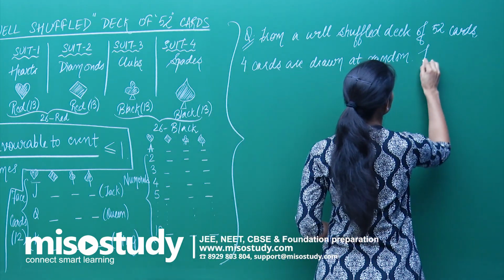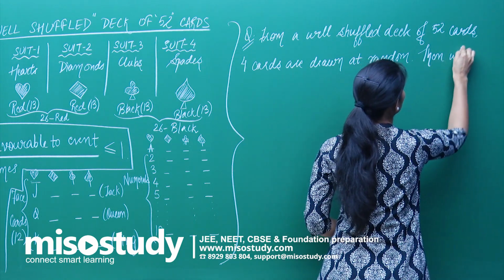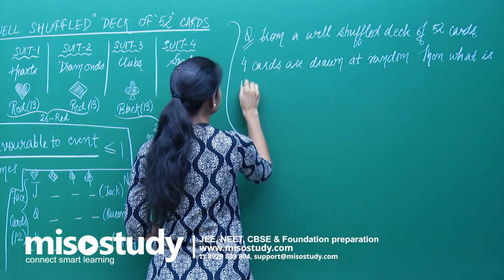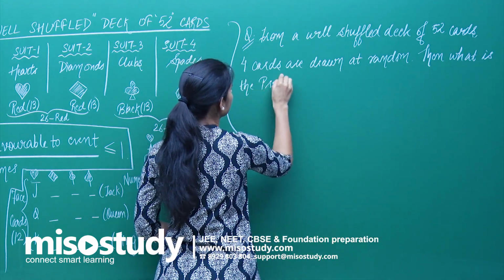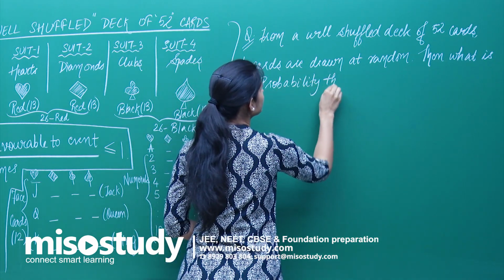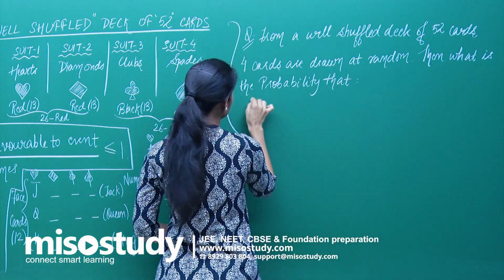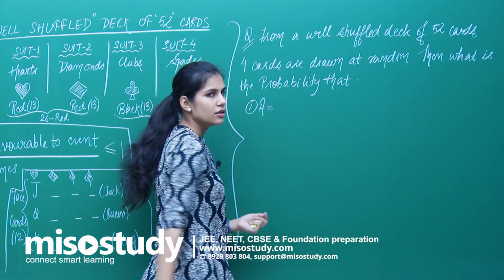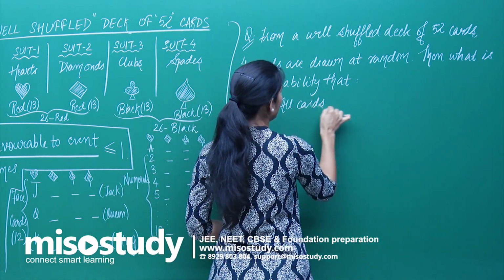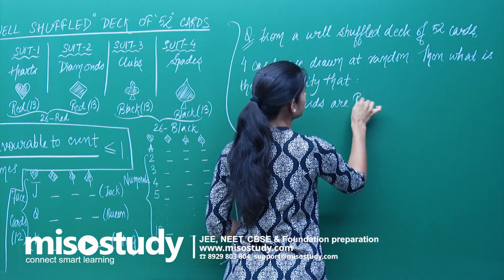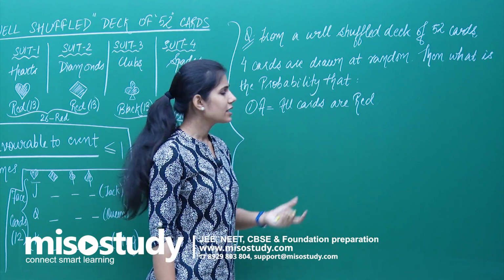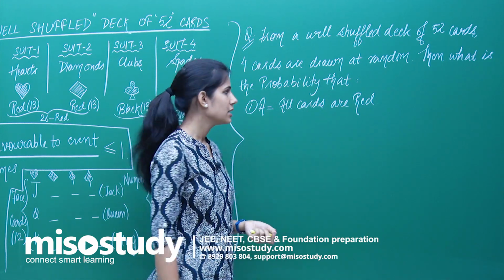Then what is the probability that all 4 cards are red? What is the probability of event A happening, that all cards are red?